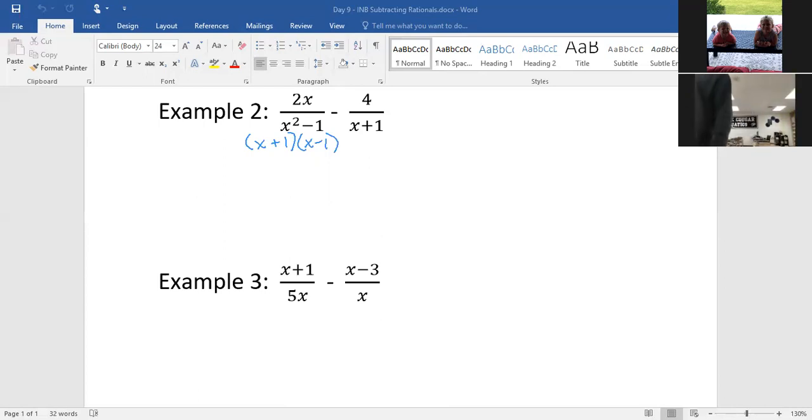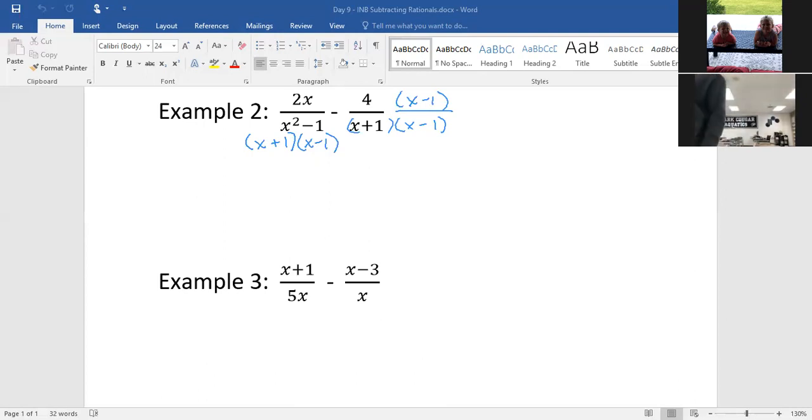That makes it pretty easy to recognize what my common denominator would be. I don't have to do anything to my first rational. I already have an x plus 1, so all I'm going to need to do is put an x minus 1 in the top and the bottom of the second rational.